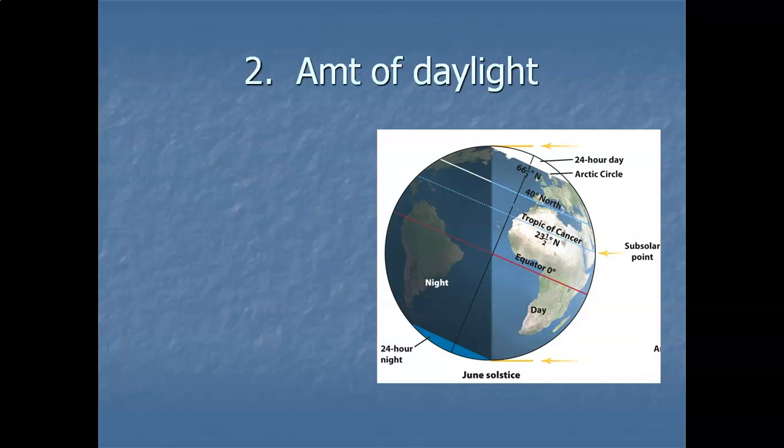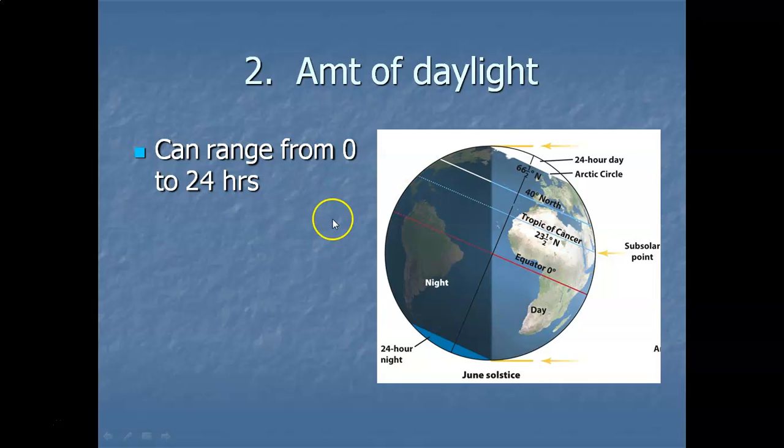Summer. And then, of course, the amount of daylight was something else that we were talking about. Now, during the year, the amount of daylight can range from 0, where you have absolutely no heating for a long period of time, and you can imagine how cold it gets when you don't have any heating, to 24 hours.